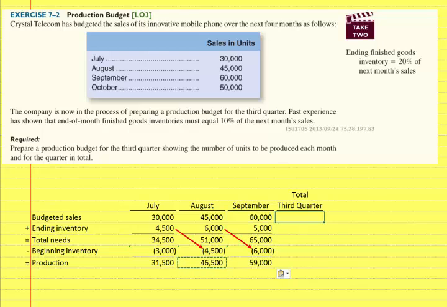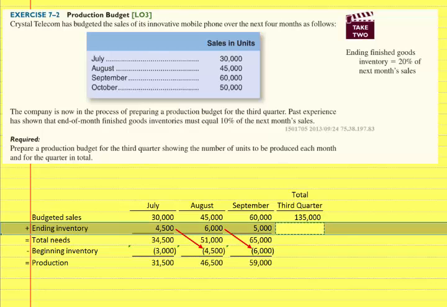Now let's take a look at the total for all three of those months. I'm going to add September, August, and July's sales to get my total for the third quarter. 30,000 plus 45,000 plus 60,000. Now my ending inventory for the third quarter ends on September 30th.